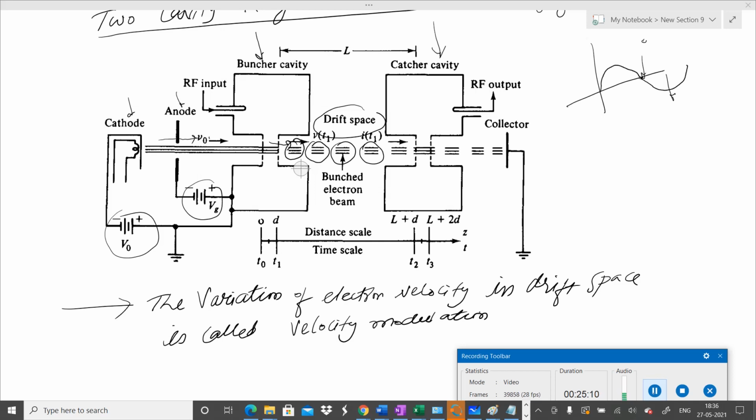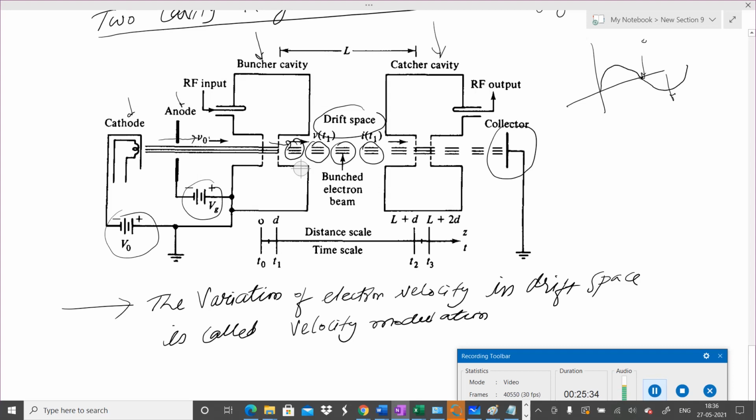The kinetic energy will decrease. That kinetic energy will be converted into potential energy, hence the amplitude of oscillation will increase. Velocity will decrease, but the amplitude of oscillation will increase. Hence, this will amplify the signal, which will be collected at the collector. So this is the brief qualitative working of this klystron.